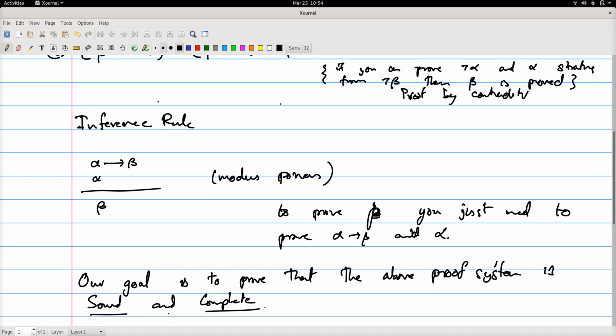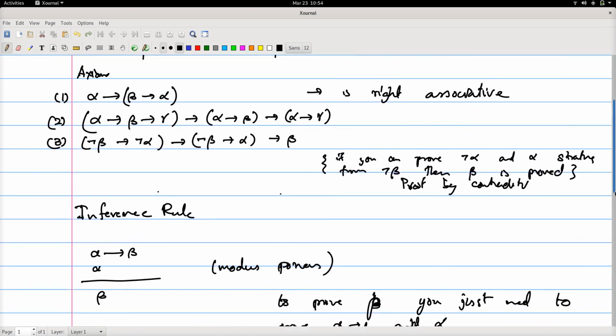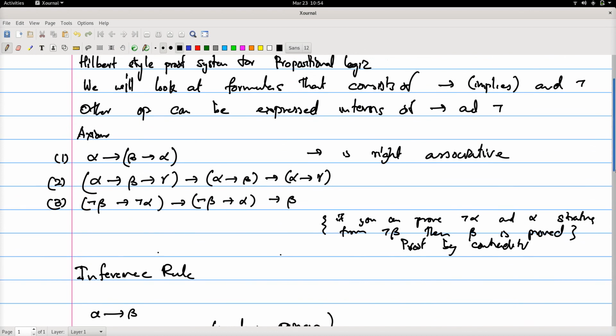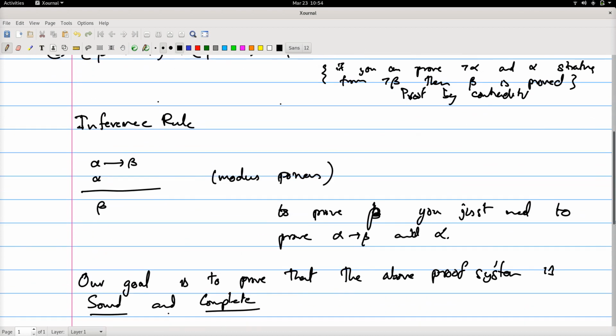Unlike a proof system which consists of all valid statements, this is saying something more, because proofs here are not just axioms. You have to start from the axioms and use this inference rule to build up new proofs. So this is the system that we are interested in. There are other proof systems, but this is the one we are fixing for the time being.